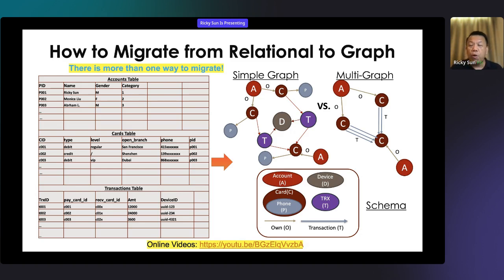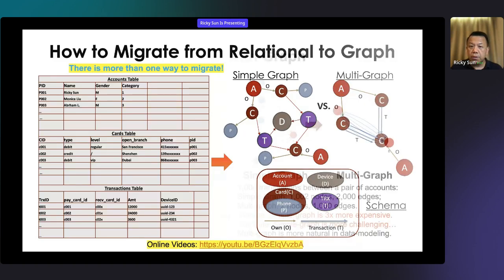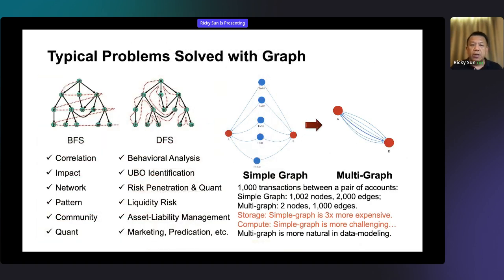Why we're seeing this difference is something I should explain by going to this slide first. Let's look at simple graph versus multigraph. I'll give you a real use case: assume between a pair of accounts there are say 1,000 transactions.